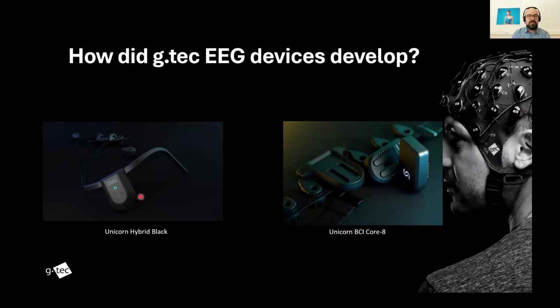And then back in 2019, we entered the consumer-based device sector with the Unicorn Hybrid Black, which you have seen in the lecture before. The Hybrid Black has 8 hybrid channels. And now we also developed a second version of the Unicorn, which is the BCI Core, which allows much more flexible changing of caps compared to the Unicorn Hybrid Black.